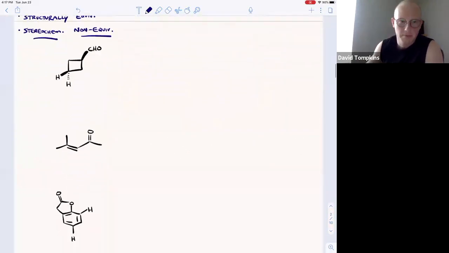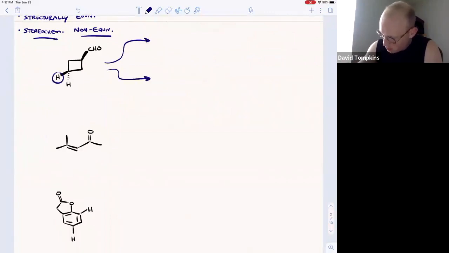Another example. These two protons, one is cis to the aldehyde, right here, and the other is trans. And this is a ring, just like the previous example, so it's rigid. Or these bonds cannot rotate.